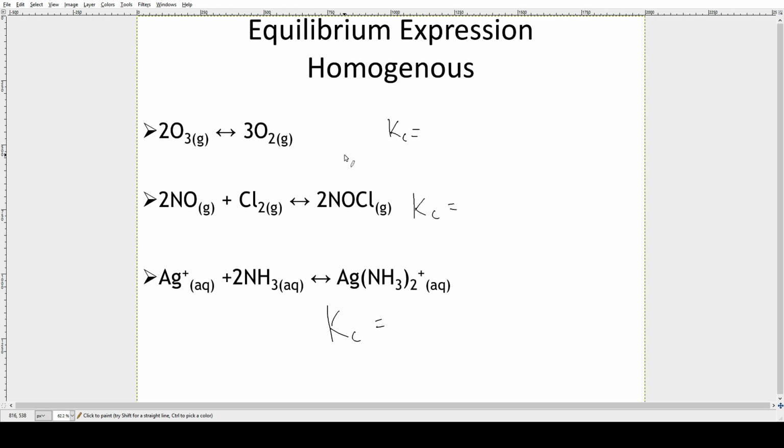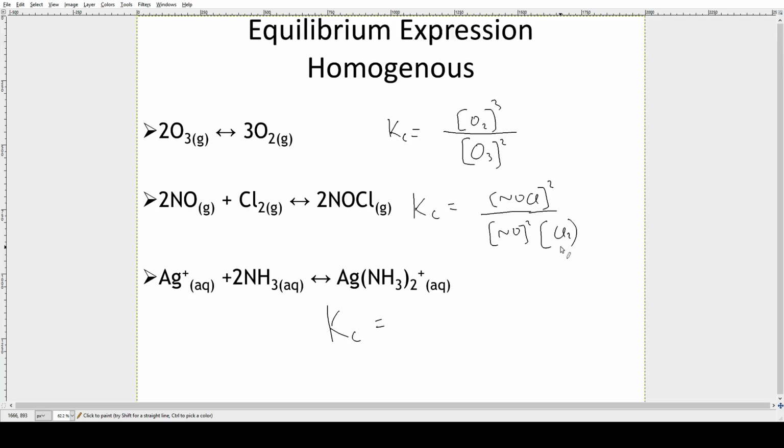I know I want the products over the reactants. So I will have the concentration of O2 cubed over the concentration of O3 squared. Here I will have the concentration of NOCl squared over the concentration of NO squared and Cl2.